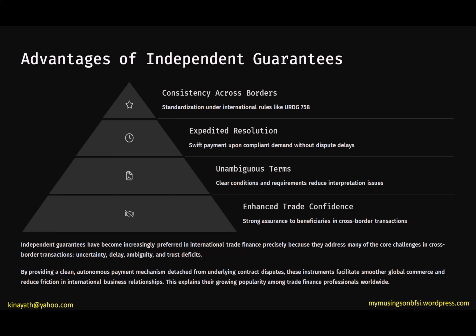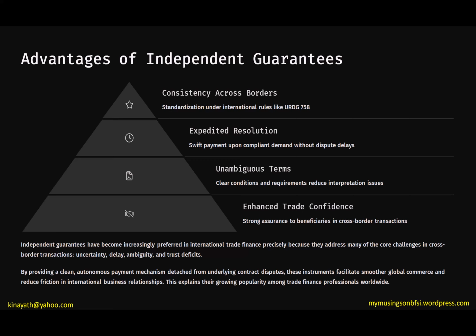So, expedited resolution or immediate payment, consistency across borders because of uniform rules, unambiguous terms because of the clear conditions and terms mentioned in the guarantee, and enhanced confidence because banks have a reputation of having paid the compliant claim swiftly. So, independent guarantees have a preference in the international trade market because they address the core challenges in cross-border transactions.